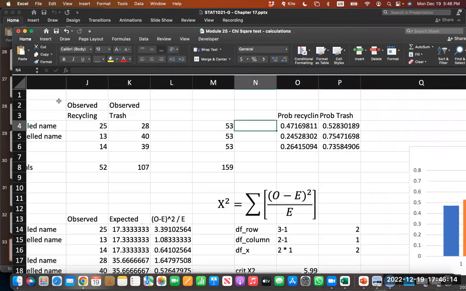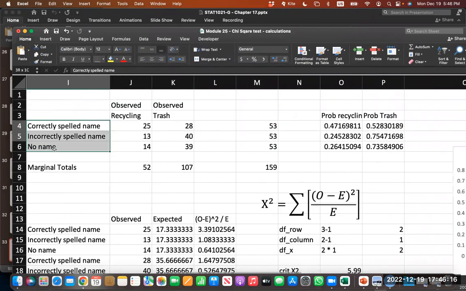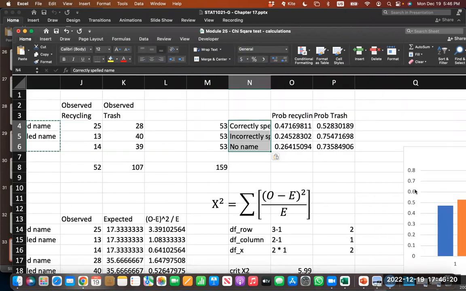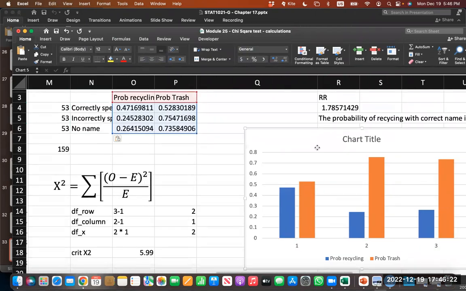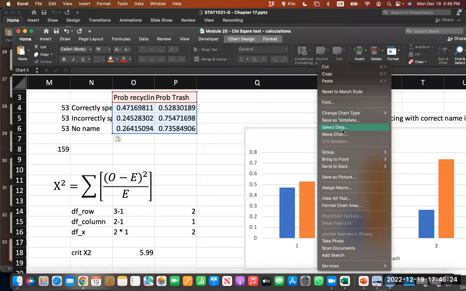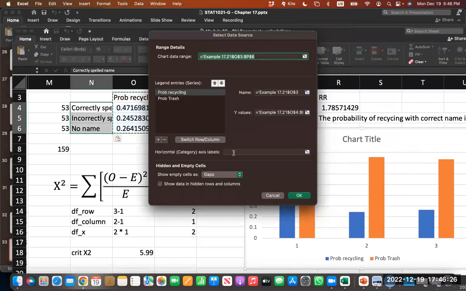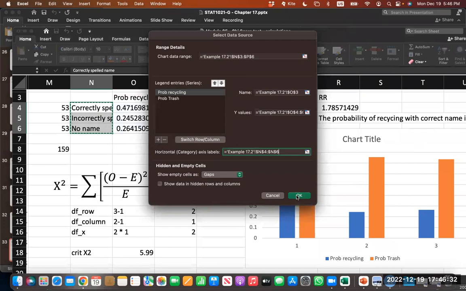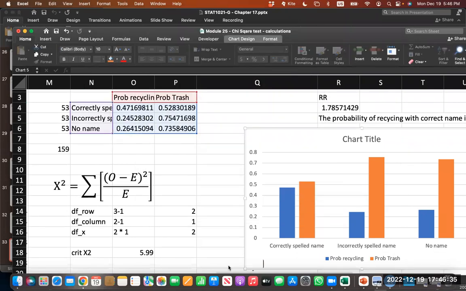groups. You can now also bring over the labeling for these three different groups. And now you can use this for the labeling. Select data. Gives you now this. Okay, so this is how you would basically build such a bar graph, right? And that's the beauty in Excel. That's quite easily done.